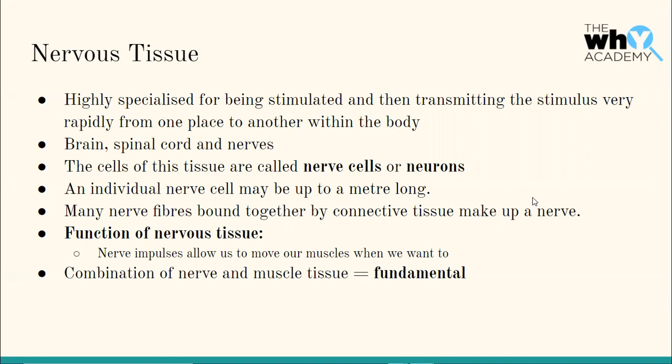So the combination of nerve and muscle tissue forms the fundamental process of any organism. Why? Because this is what helps us move and do all activities. Like the example I gave, writing right now. After class, maybe you would get up from your seat.